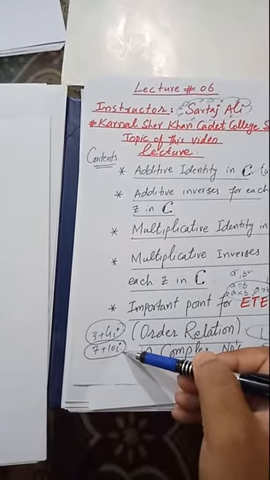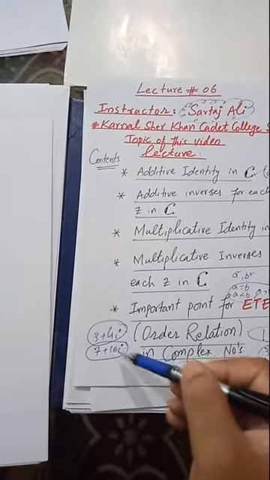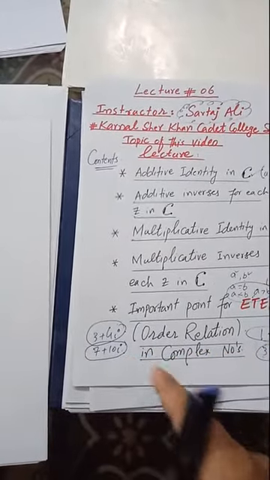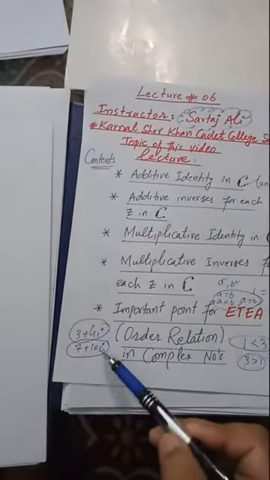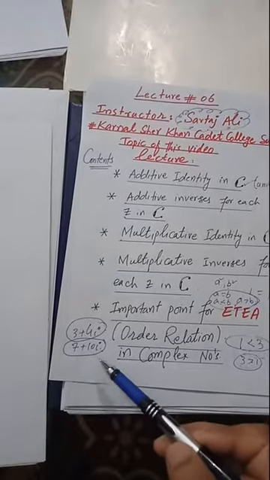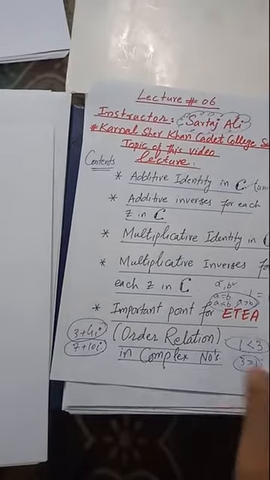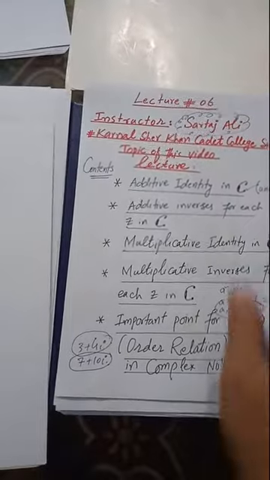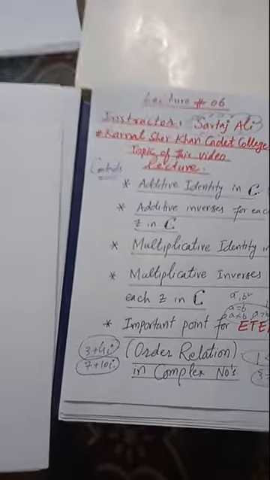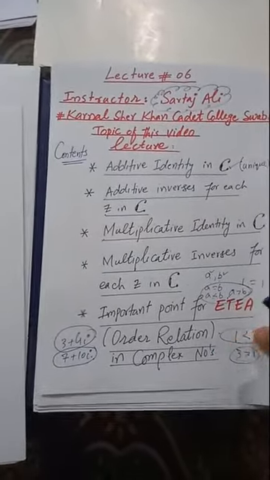This is the order relation. This point will be discussed at the end of the lecture. The question is whether order relation is satisfied in the set of complex numbers or not. So these are the contents for this video lecture.